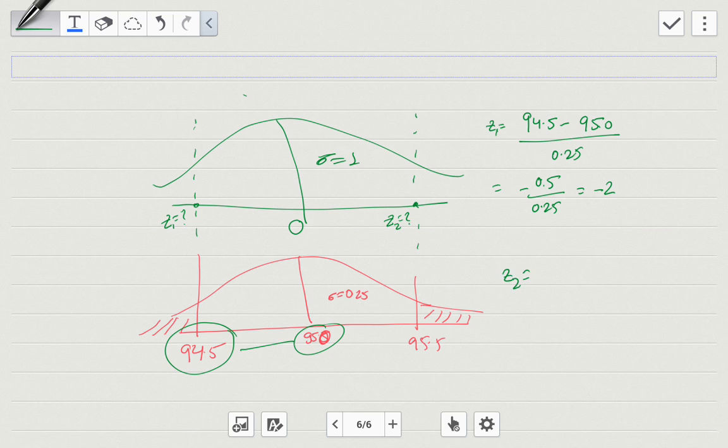Our Z2 is 95.5 minus 95 divided by 0.25, which comes out to be 2. Right?